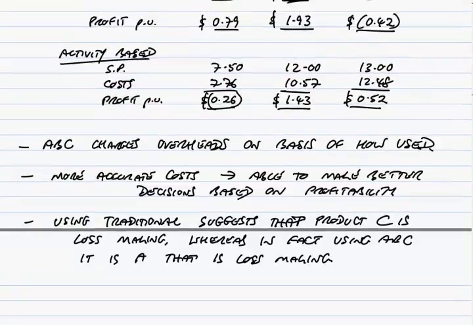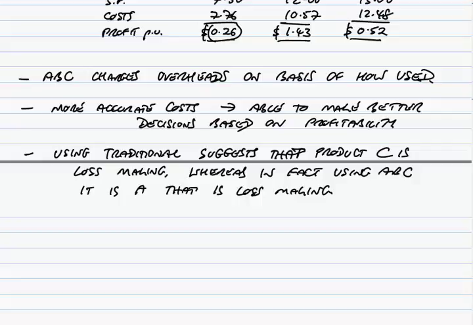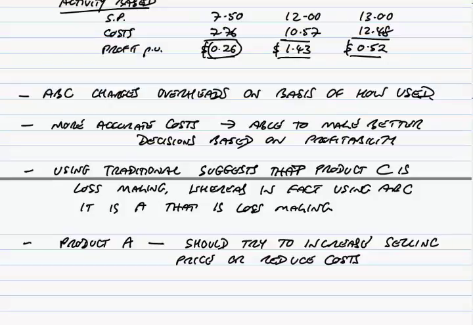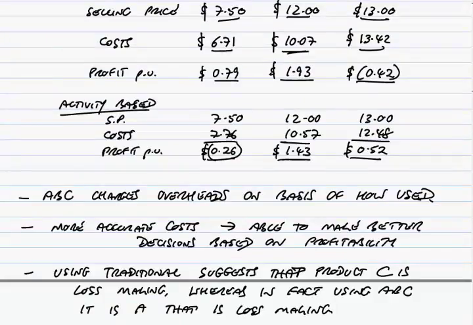And so what could we do to improve profitability? Surely it's product A we need to worry about. We should try to increase the selling price. Or, of course, reduce costs. Product C we've no problem with. It's making a profit, and of course product B doesn't make any difference to product B. It's profitable under both approaches.